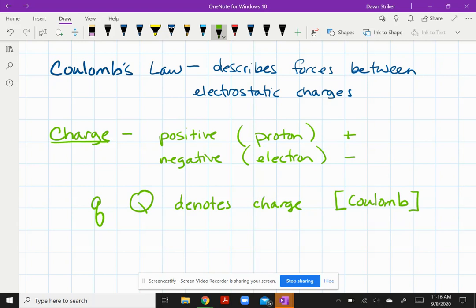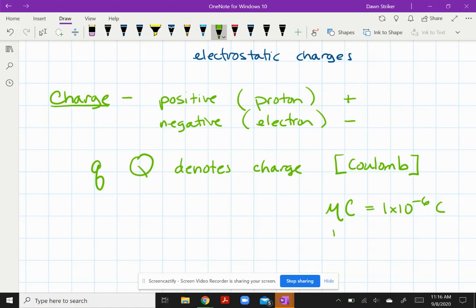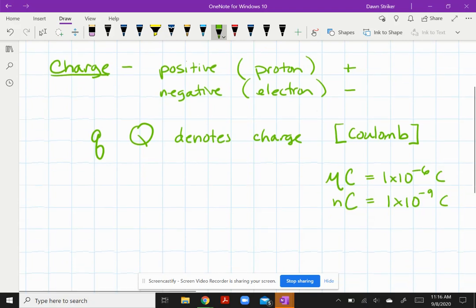So we use prefixes to reduce that Coulomb down to smaller quantities. And so you'll commonly see microcoulombs, so that's 1 times 10 to the negative 6 coulombs of charge. You might see nanocoulombs, which is 1 times 10 to the negative 9 coulombs of charge. So we tend to use metric prefixes to reduce the amount of charge because a Coulomb is just a ton of charge.